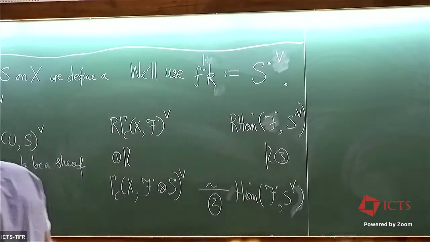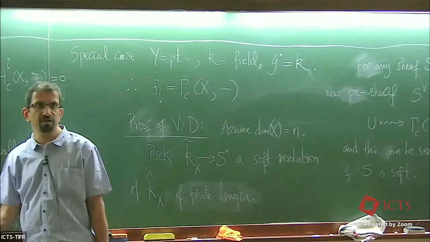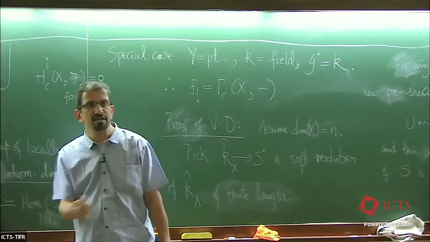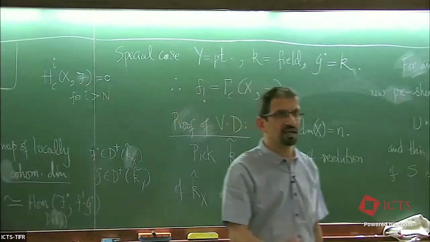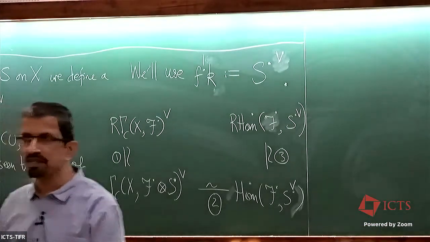Yeah, because G dot is a complex on the point Y with coefficients in K, so it's a bunch of vector spaces. So might as well just know what is happening when it is a field K. If you prove it for that, then you prove it for others by just taking direct sums.